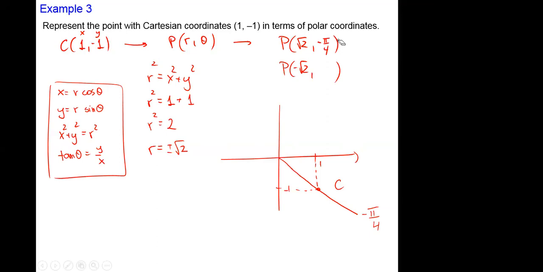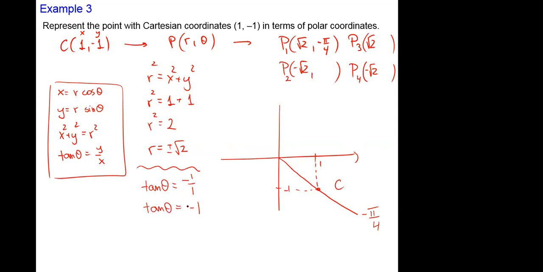But what I actually want is 4: two with positive, two with negative radius. Now we did use this equation, now I will use tangent. Tangent theta is y over x, -1 over 1, which of course is -1.